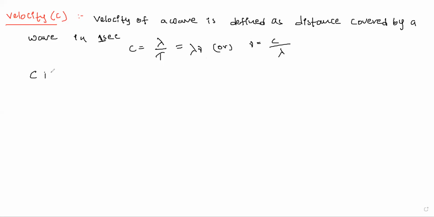Here c is constant velocity. C is constant value, 3 into 10 to the power of 8 meter per second.